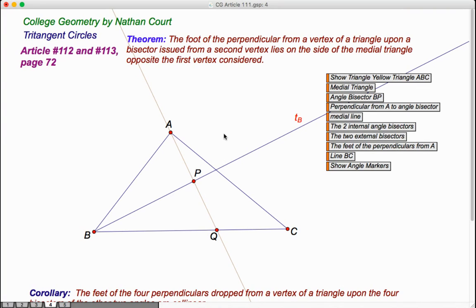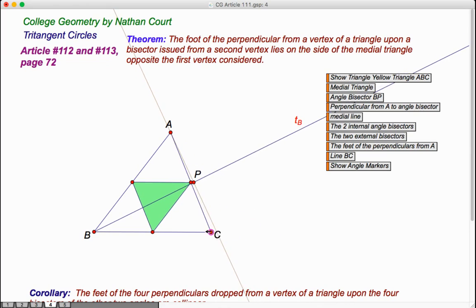What we discovered last time was that this point P will always lie on one side of the medial triangle. You notice that P is on this side of the medial triangle.